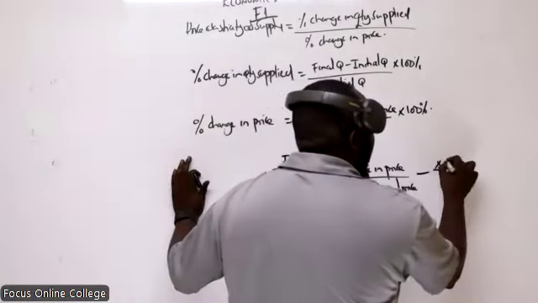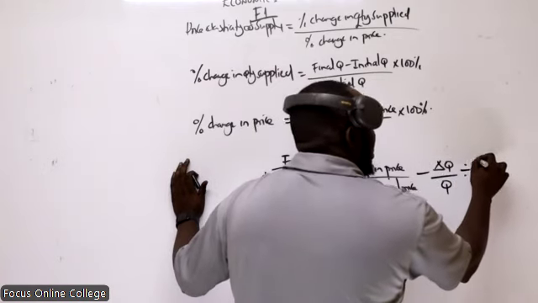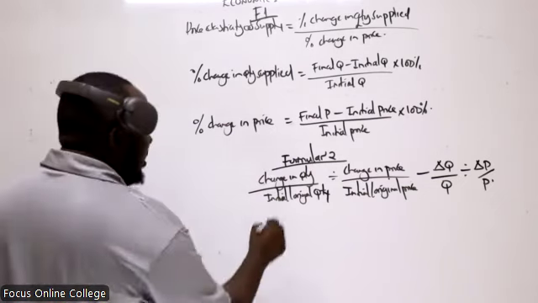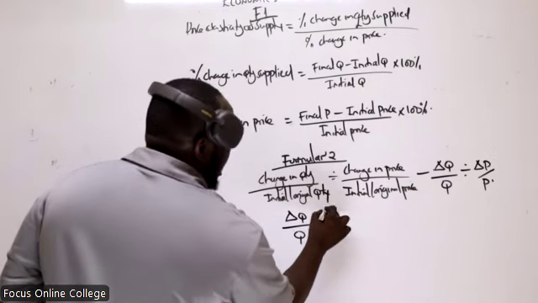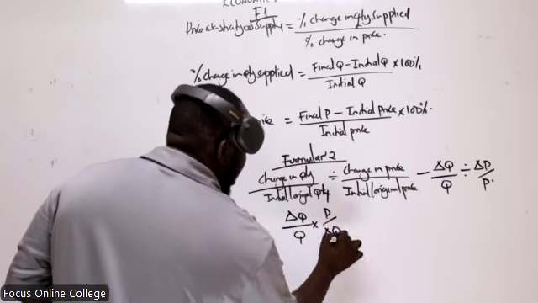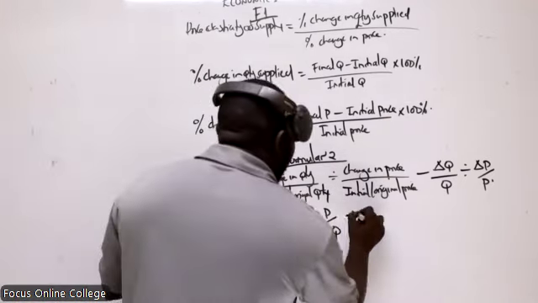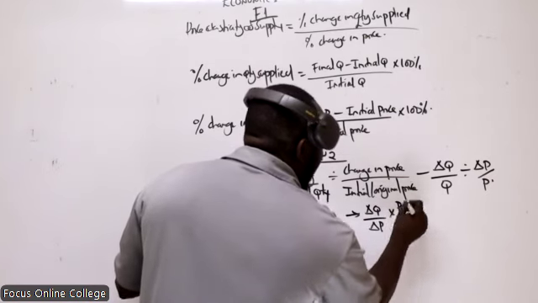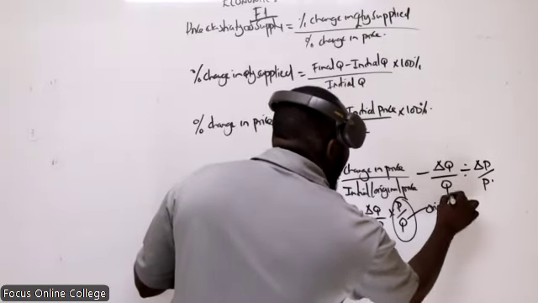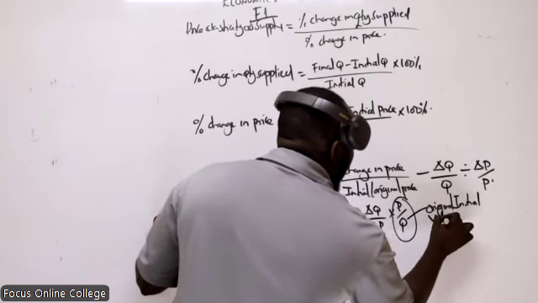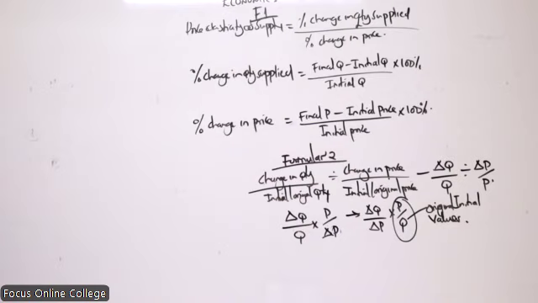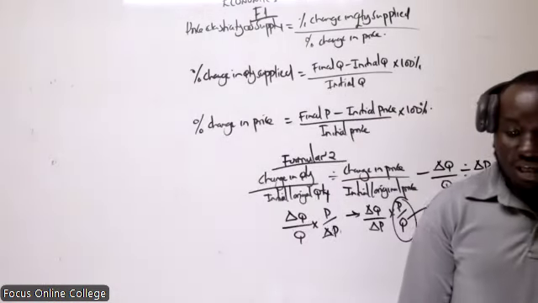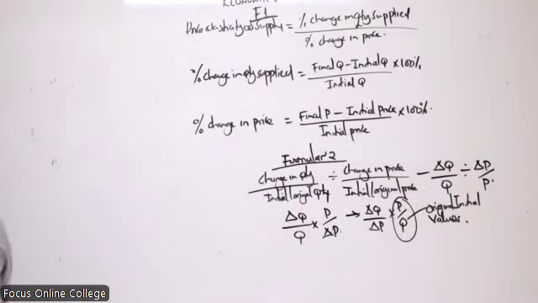So change in Q over Q, divided by change in P over P. With this, I can simplify by introducing multiplication: change in Q over Q times P over change in P. I will get change in Q over change in P times P over Q. Remember, these are the original or initial values.